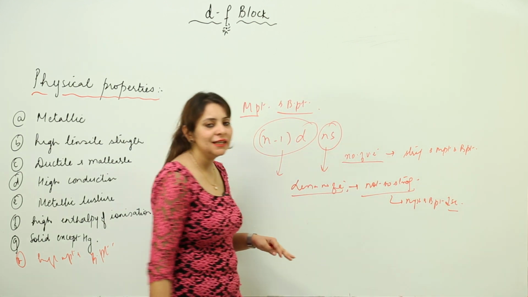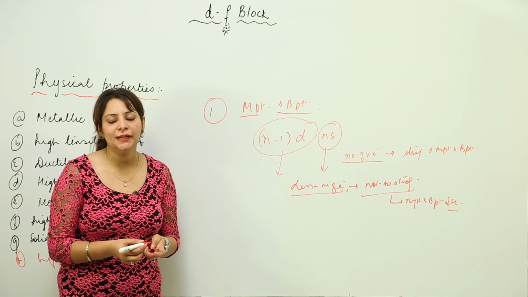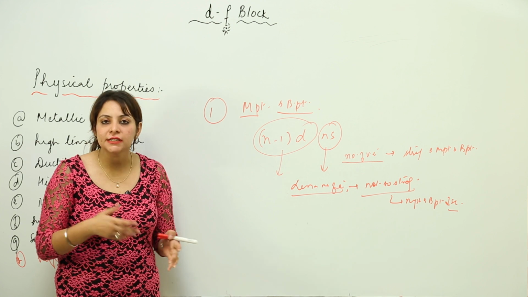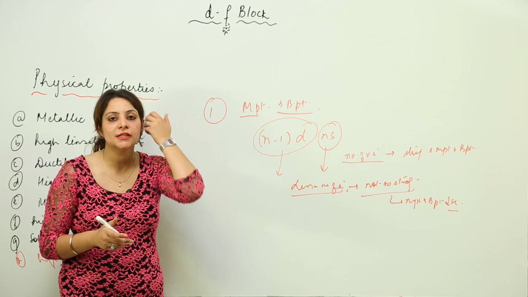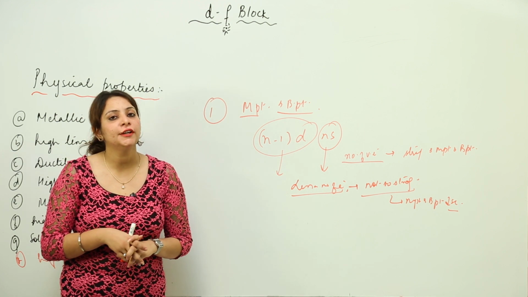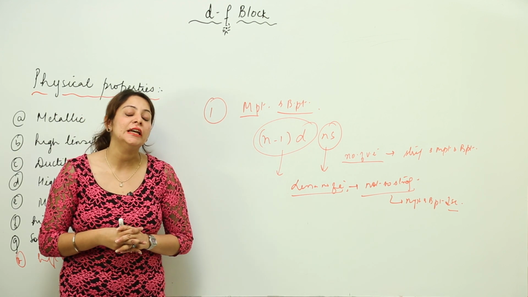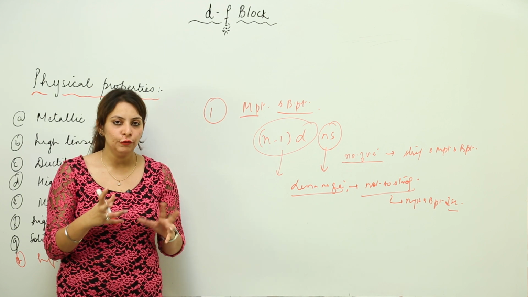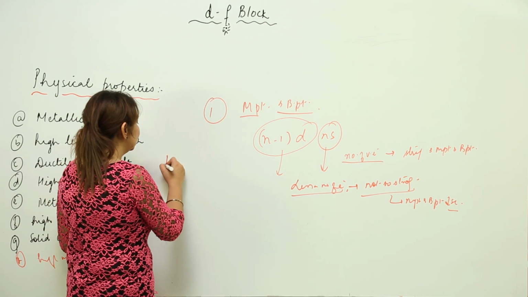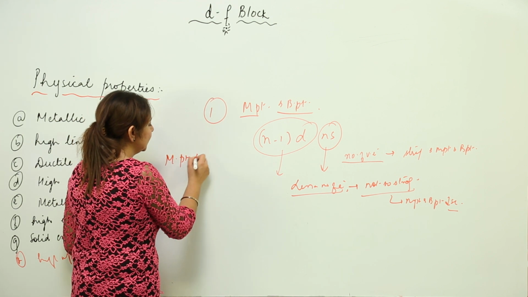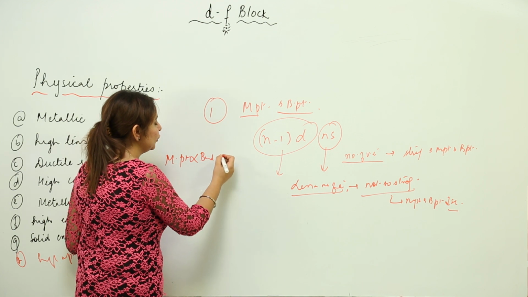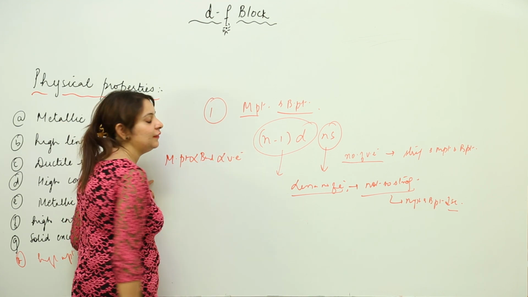So we can say that they generally possess high melting and boiling points, but when we move from left to right, their melting and boiling points decrease due to progressive filling of electrons in the d orbital. So a lesser number of electrons are going to participate in the interatomic bond formation, and obviously we know that the melting point is directly proportional to the strength of the bond, which is directly proportional to the valence electrons.